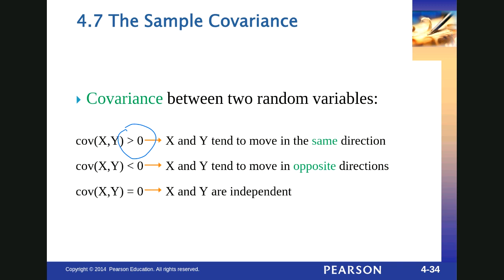If it's less than 0, then they move in opposite directions. So when X increases, Y decreases. When covariance is equal to 0, that means they are independent and there's no relationship. So there's no association between X and Y.